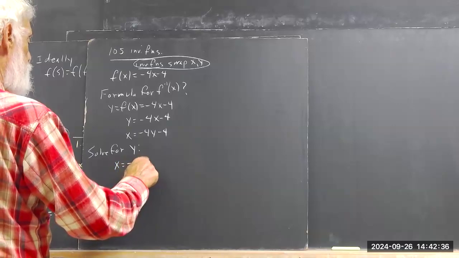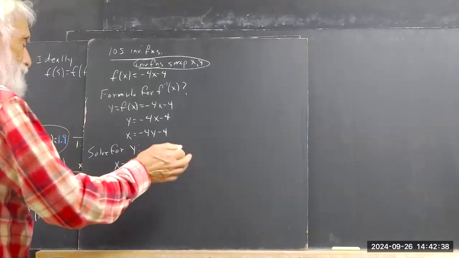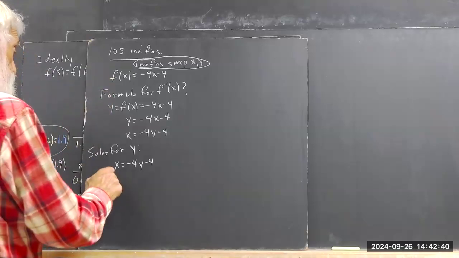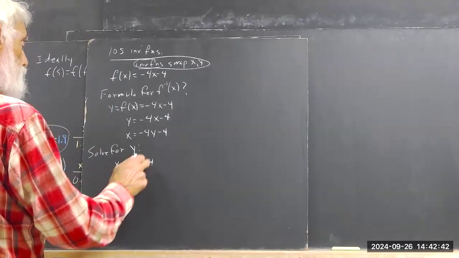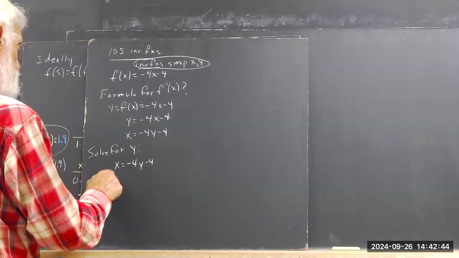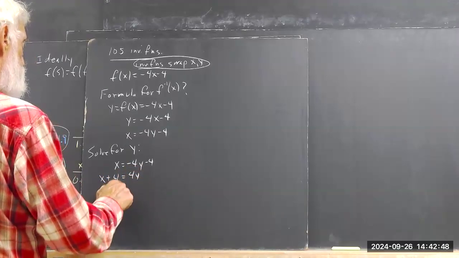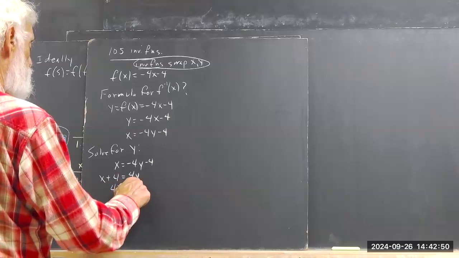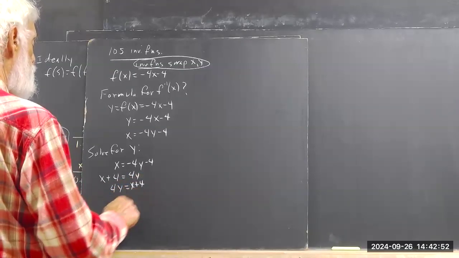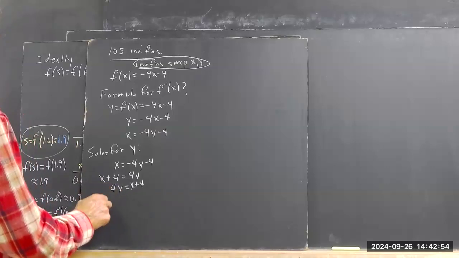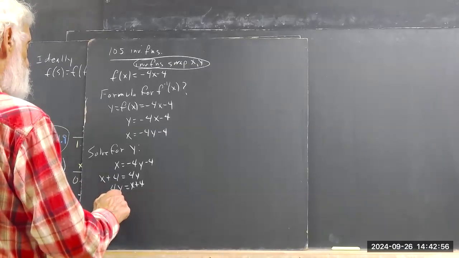Okay, let's write it out again. x equals negative 4y minus 4. Now, people are pretty good with linear equations, so if I add 4 to both sides, this 4 goes away. I get x plus 4 equals 4y. And let's just switch things around: 4y equals x plus 4. So the thing we're solving for here is y, so we divide.